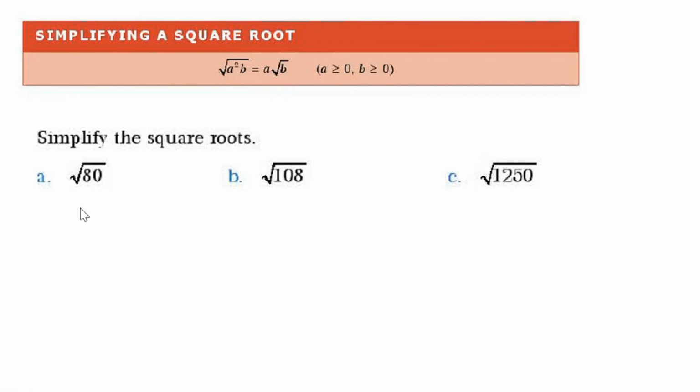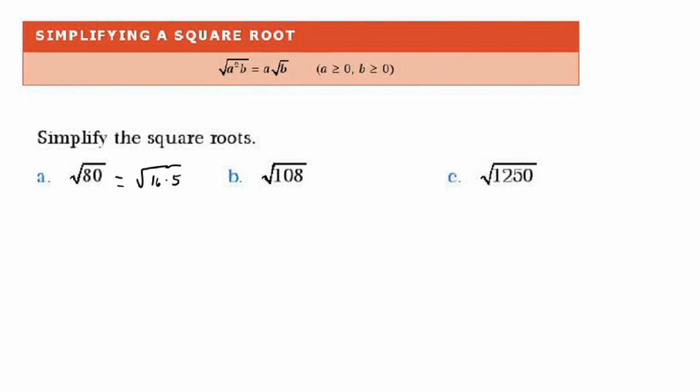So what is the square root of 80? To do that, we're going to find the factors of 80 wherein one of the factors is a perfect square. This is equal to the square root of 16 times 5. What is 16 times 5?